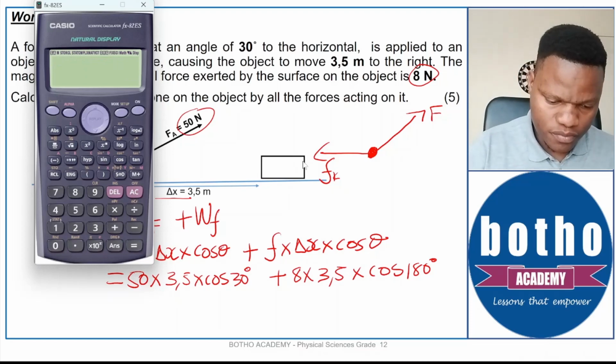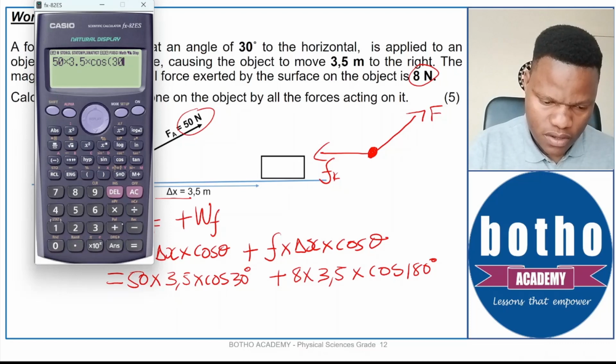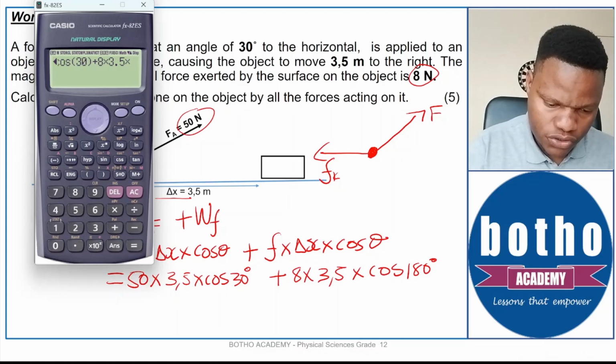Now this would be 50 multiplied by 3,5 multiplied by cos 30, all right, plus 8 multiplied by 3,5 multiplied by cos of 180.